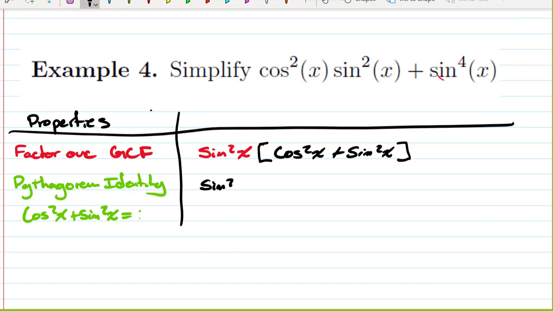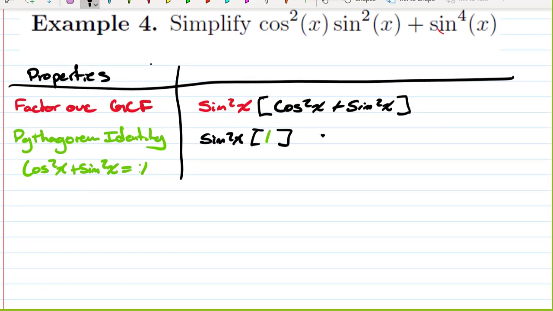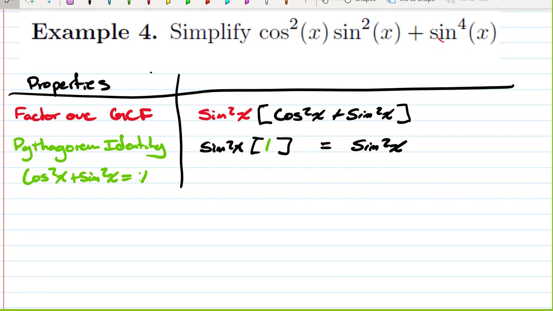But cosine squared x plus sine squared x is just going to be the same as 1, which is then equal to sine squared x. So cosine squared x times sine squared x plus sine to the fourth x simplifies down to just sine squared of x.